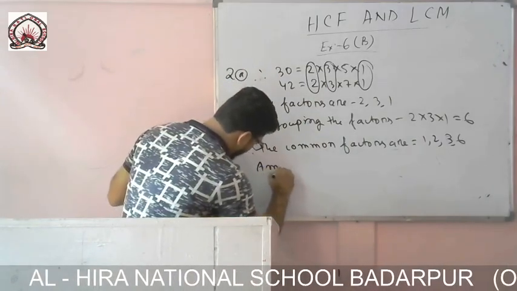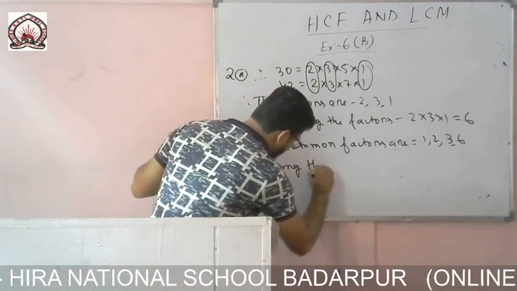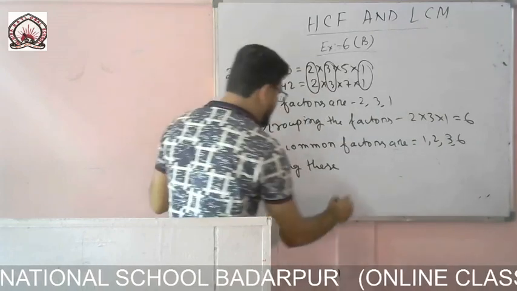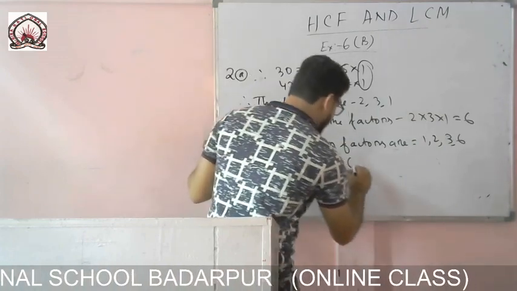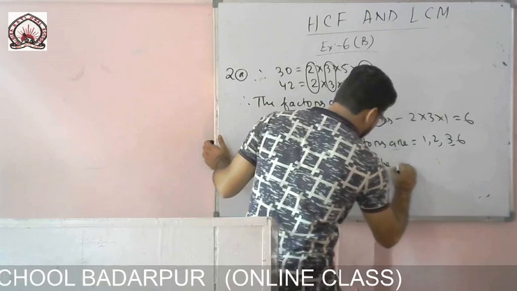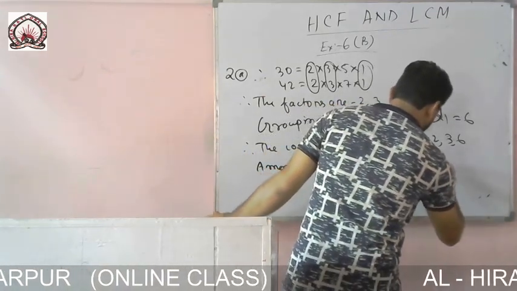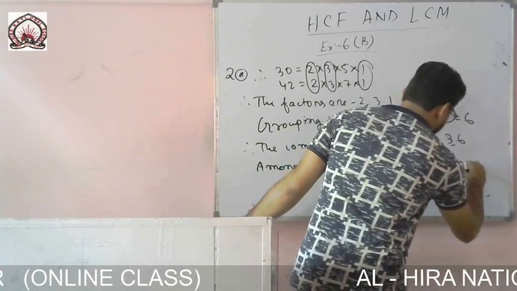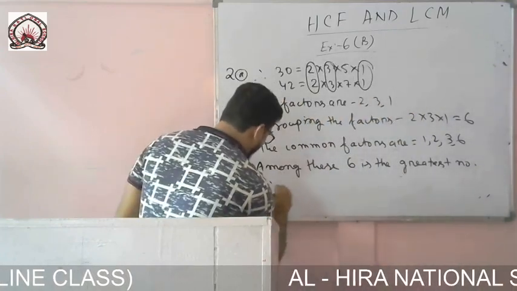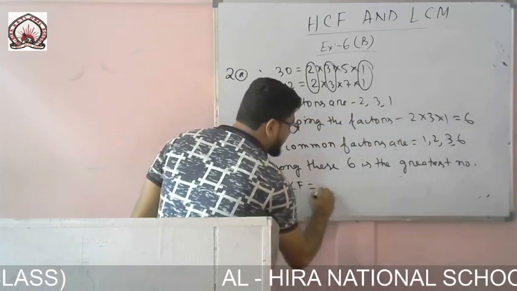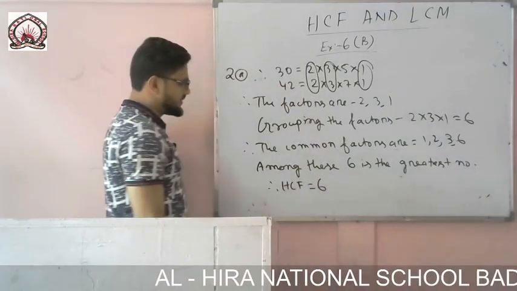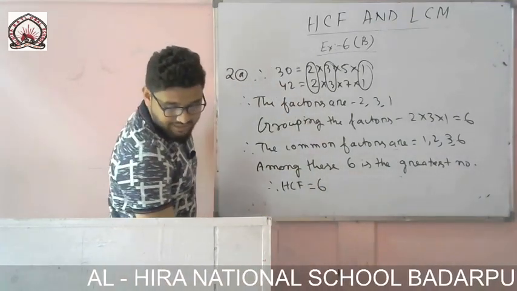Now among these, 6 is the greatest number. Therefore, HCF equals 6. Now, therefore, the required number.